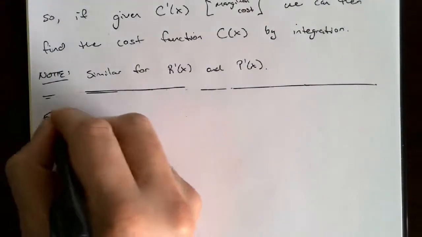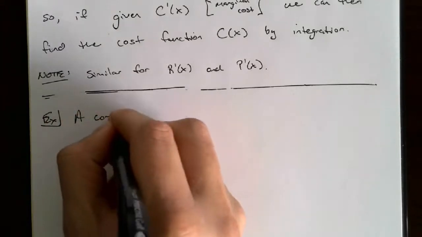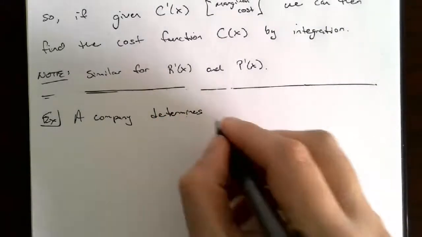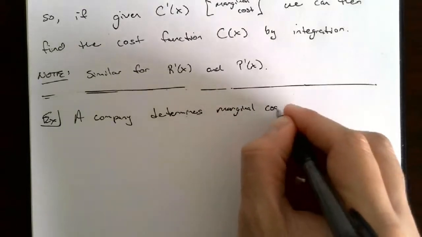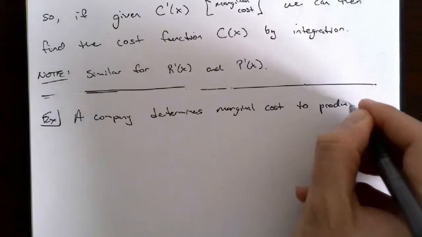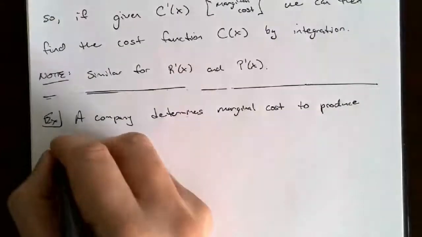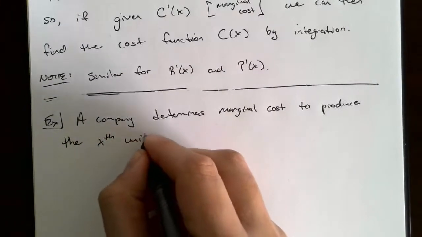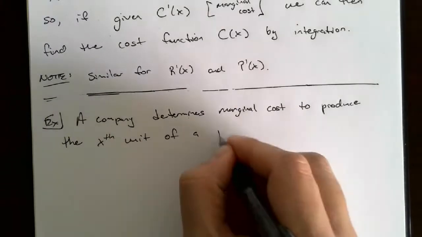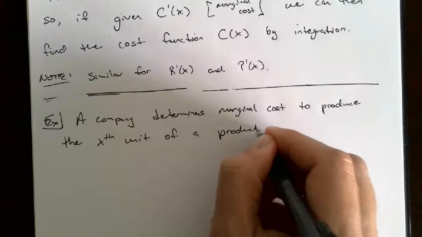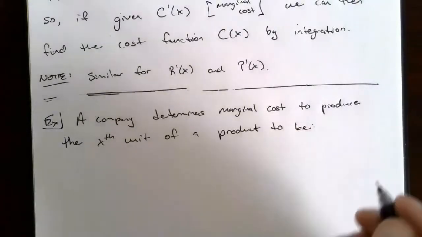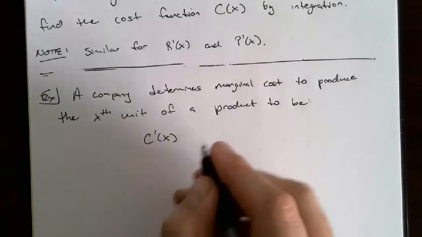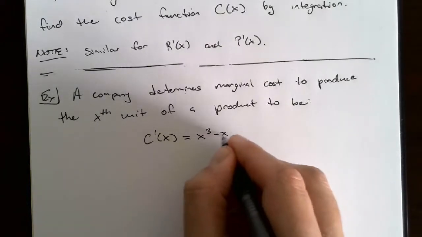So in this example, we'll say a company determines marginal cost to produce the xth unit of a product to be, and they give you a function, c prime of x equals x cubed minus x.